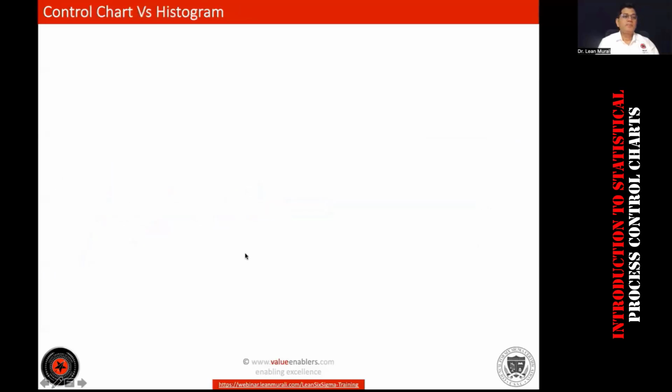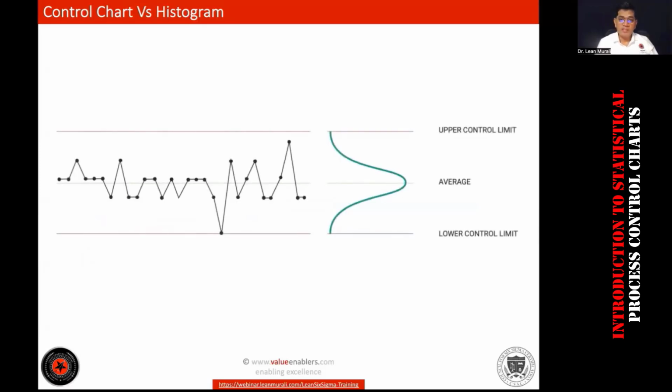All right. The data points on the control chart can also be put in the form of a histogram, like this. If you see here, the histogram is tilted 90 degrees. There are many data points here. If you draw a line here, these lines form the histogram.